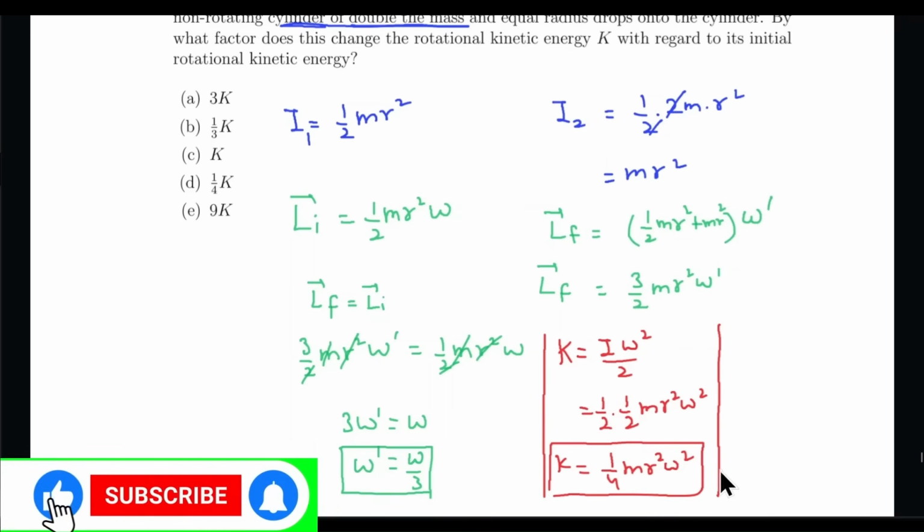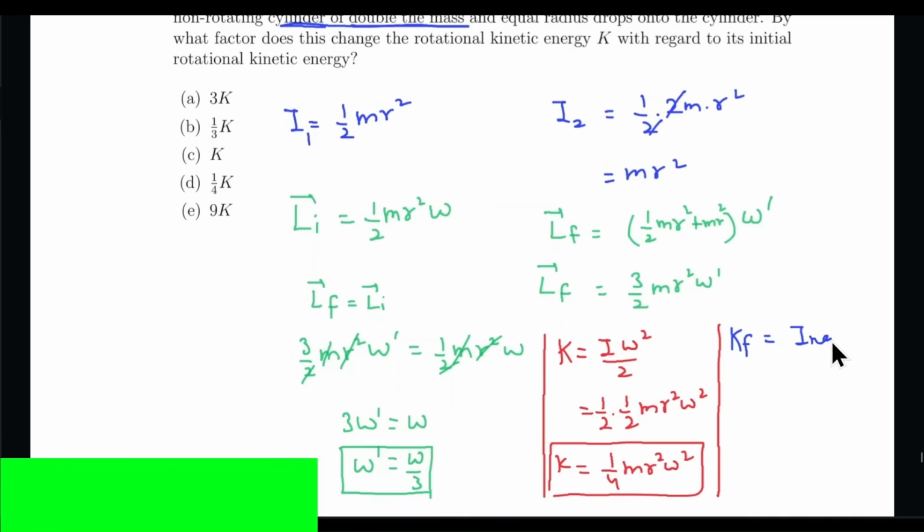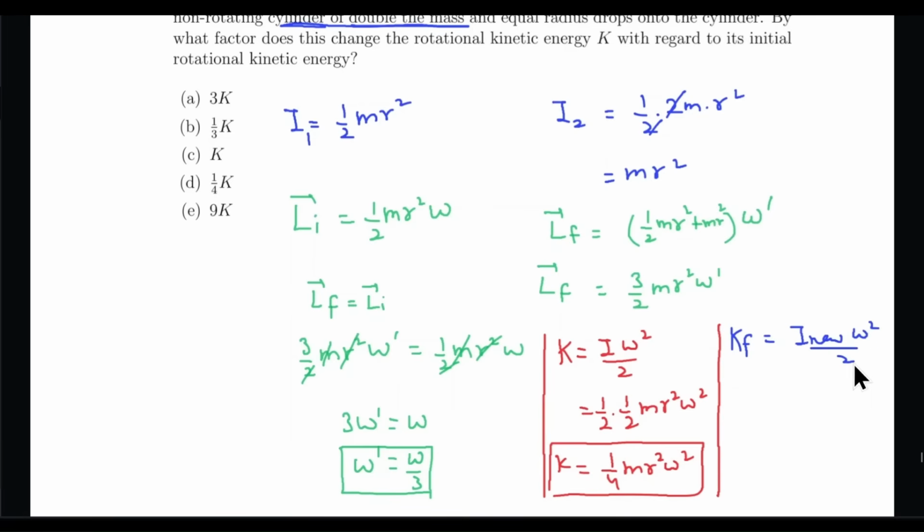The final kinetic energy is, I think I'm going to run out of space. So, okay, I'm still going to try it. It is I new omega square over 2, right? So 1 half I new is, there you go, sitting right here, 3 over 2 mr square. So 3 over 2 mr square and omega dash square, and omega dash is omega over 3.